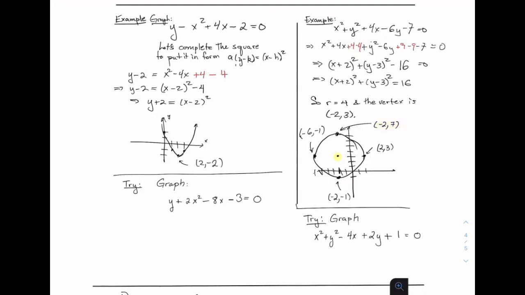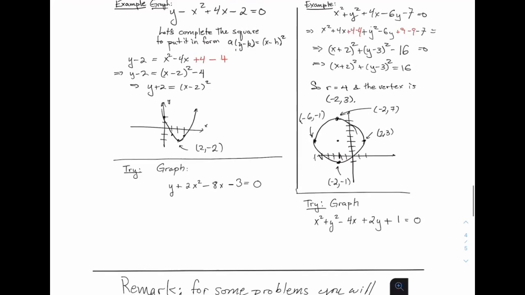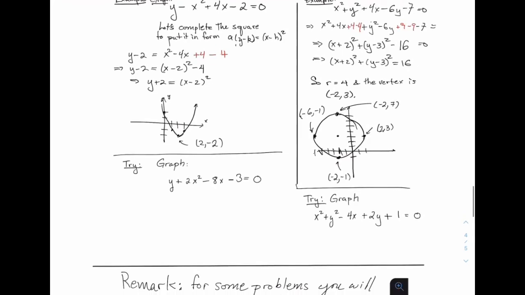We get those points. We try to form a circle that passes through those 4 points. Those are guiding points to help us graph. Okay, try these 2 problems.